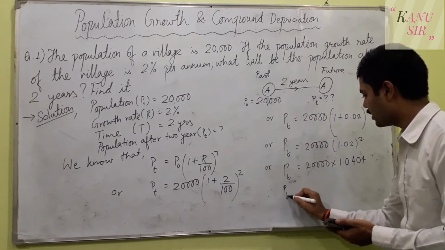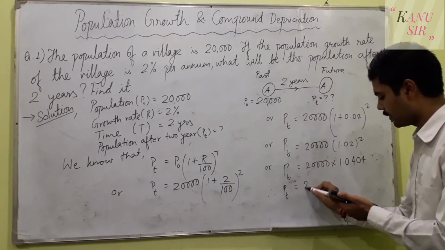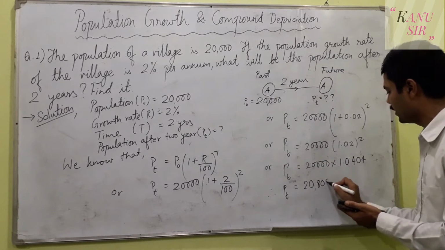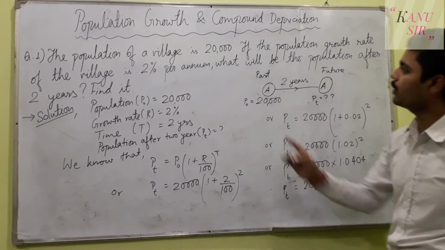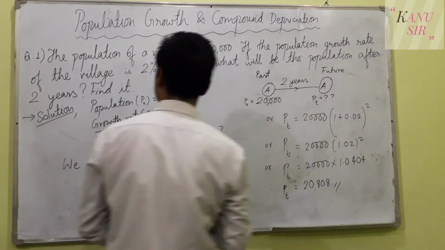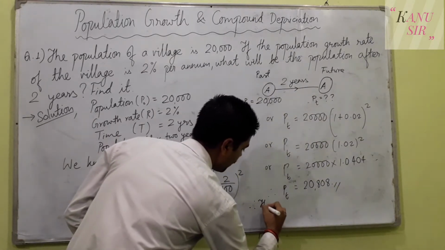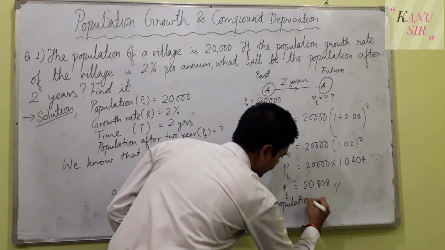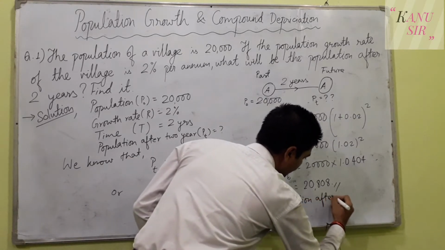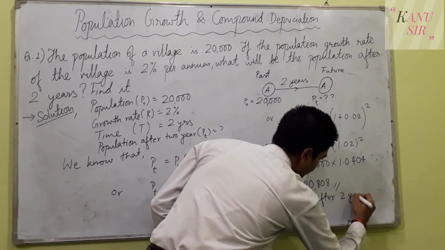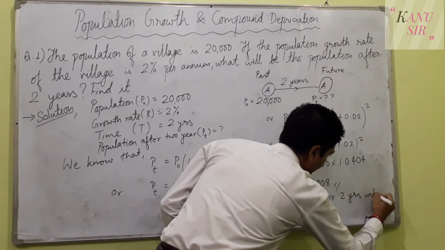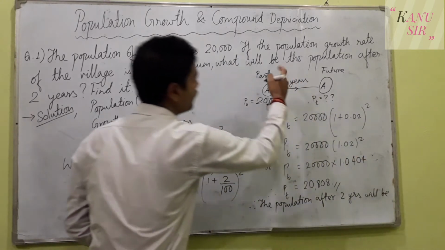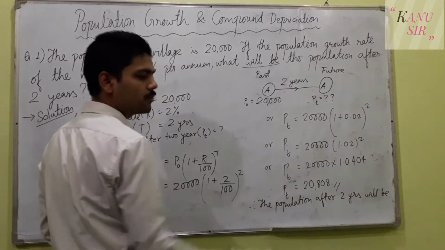Therefore, the population of the place after 2 years will become 20,808. So, as per the question, what will be the population after 2 years? Therefore, the population after 2 years will be 20,808, because in the question there is the future tense, so we write the answer in the future tense.